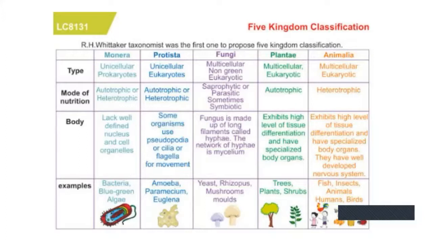The next kingdom is fungi. Fungi are multicellular, non-green eukaryotic organisms. Their mode of nutrition may be saprophytic or parasitic, sometimes symbiotic. A fungus is made up of long filaments called hyphae, and the network of hyphae is known as mycelium.